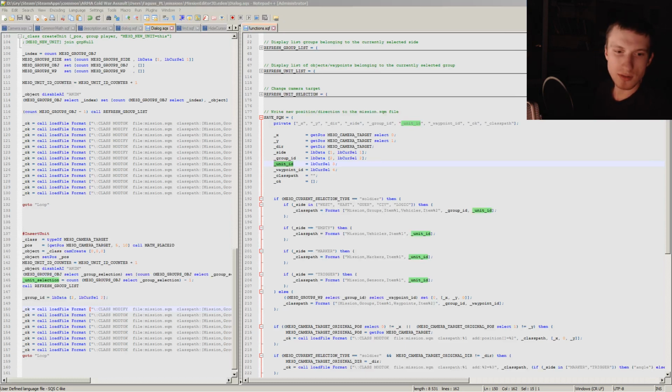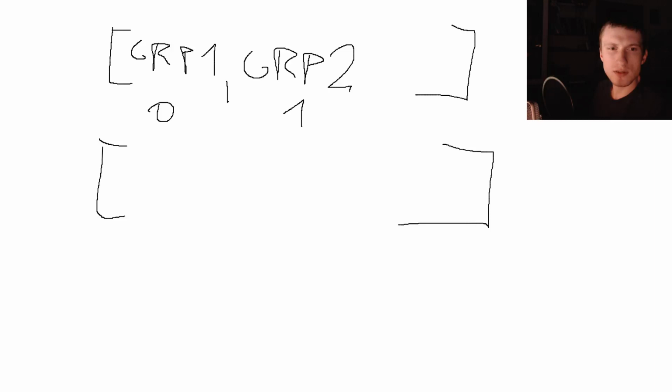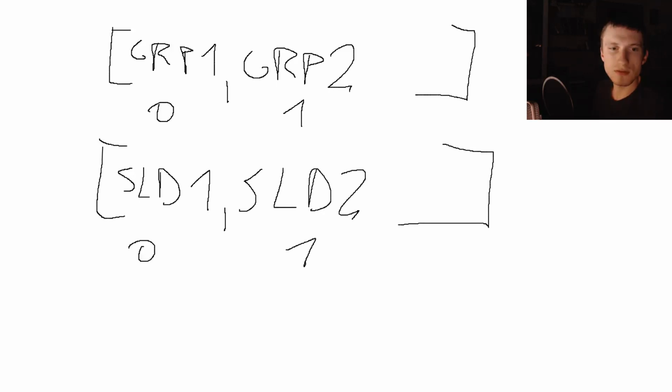Just to illustrate, you've got an array with groups, and you have group 1, and its index is 0, and then group 2, and its index is 1. And then you have a list of soldiers. So it will be soldier 1, index 0, soldier 2, index 1.